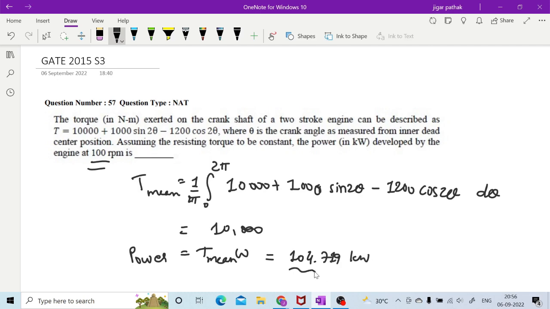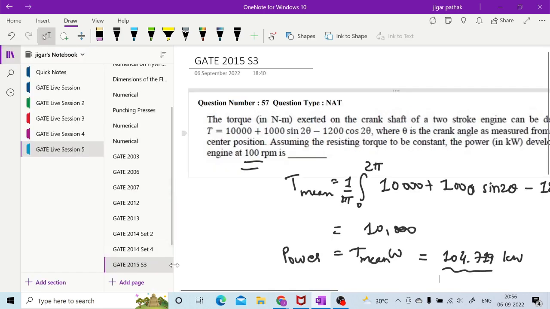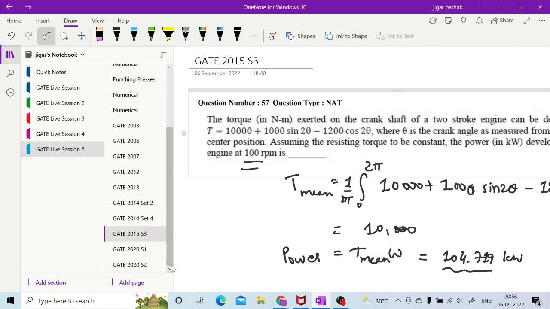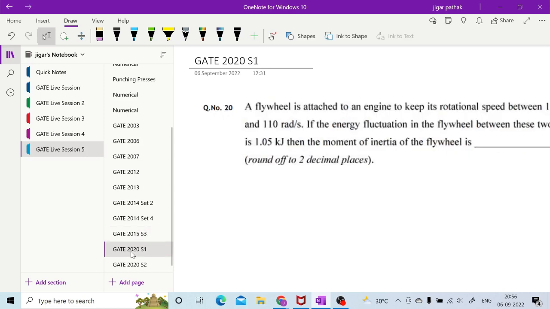You can verify this after integrating, whether you are getting this or not. Is it okay? Yes sir, I am getting the same. Okay, 104.